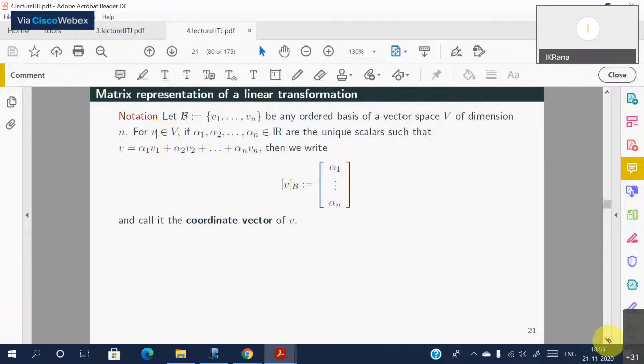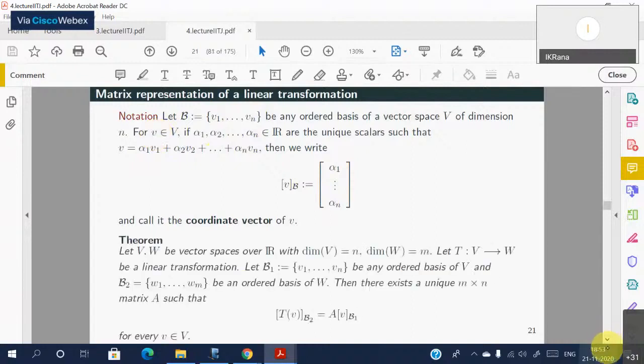Okay, so here is an interesting theorem. Suppose V and W are vector spaces, the dimension of V is equal to n, and the dimension of W is equal to m. So T is a linear transformation from V to W, from dimension n to m.